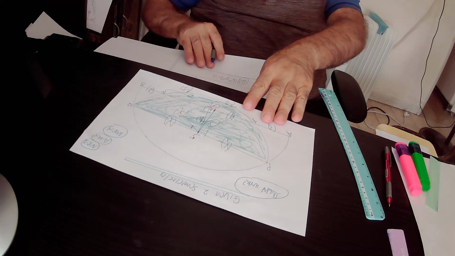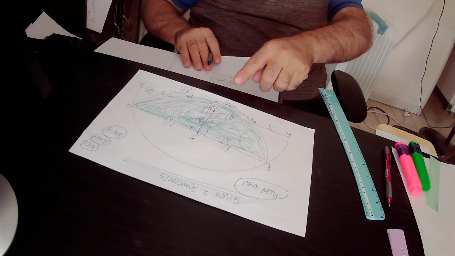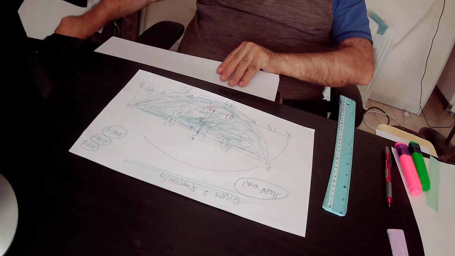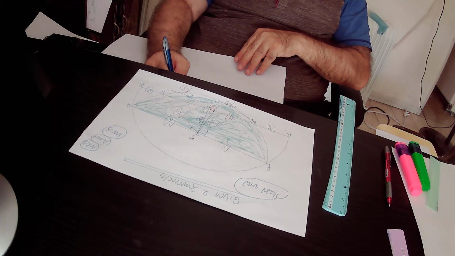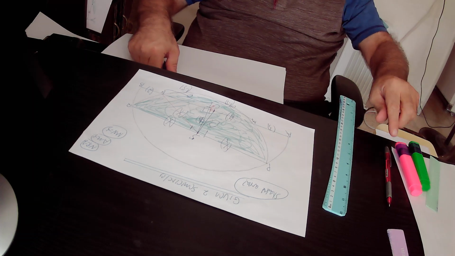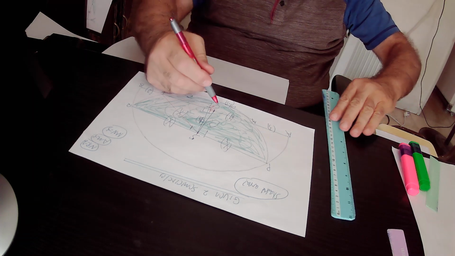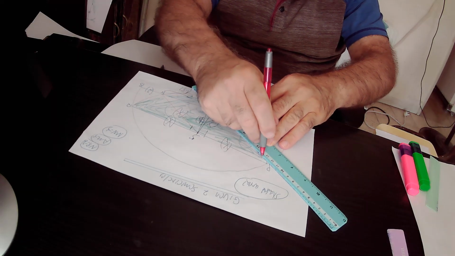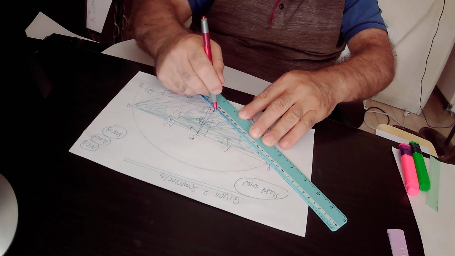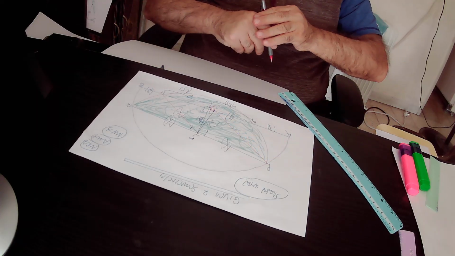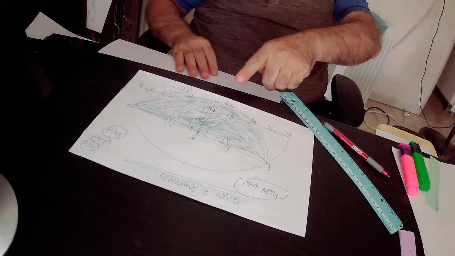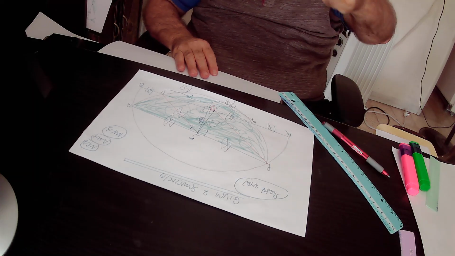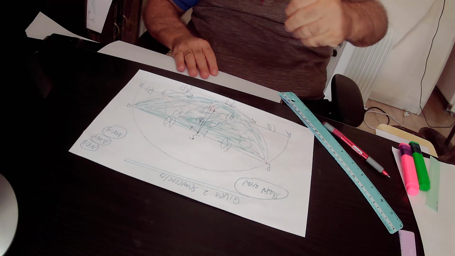The next step, we join points O and P together by a straight line. Point O is the center of this big semicircle, point P is a point on the big semicircle itself, and OP is the radius of this big semicircle.